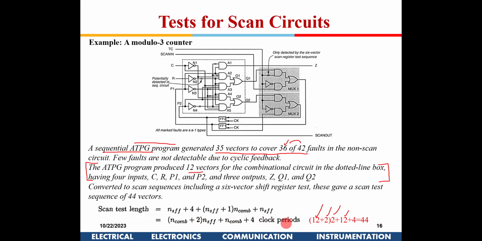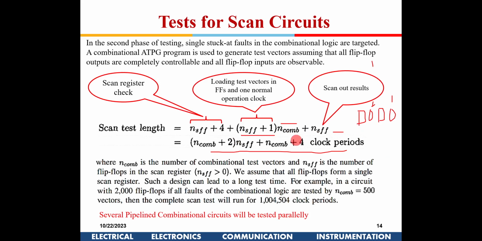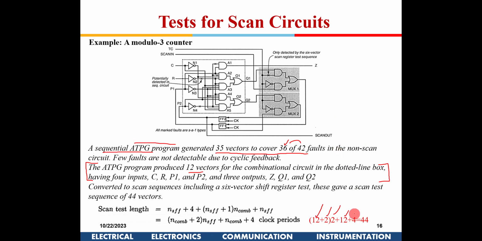So this formula is nothing but what we calculated earlier, written in a simplified manner here, right? So the total test length for testing this, to get almost 100% fault coverage, including the functioning of the flip-flop, is only 44, right? Obviously, if you do just sequential testing, only 35 will be there, right?